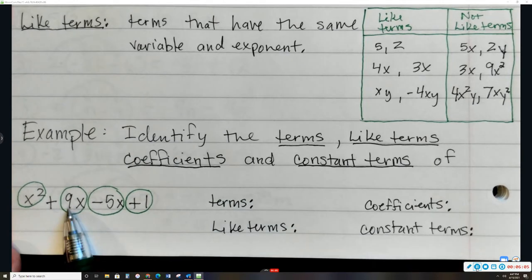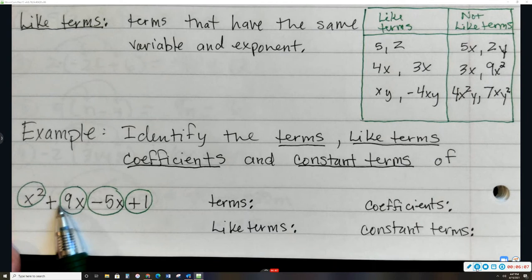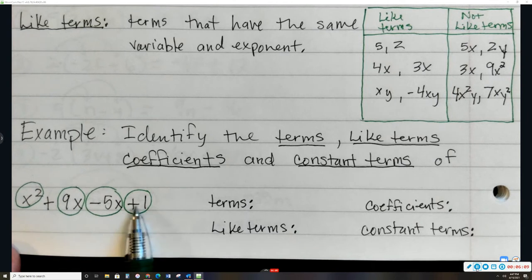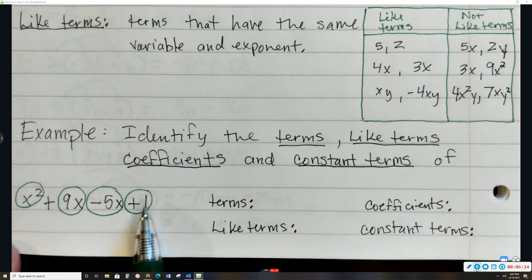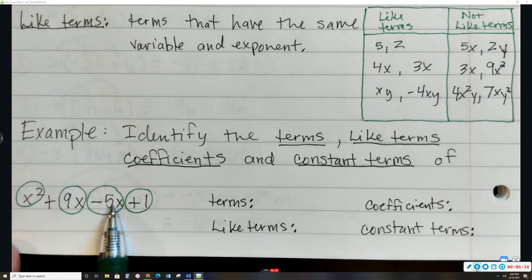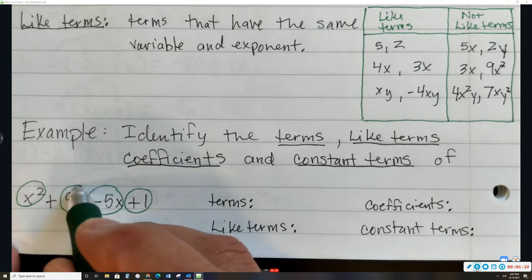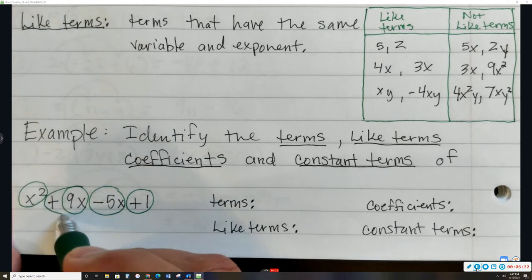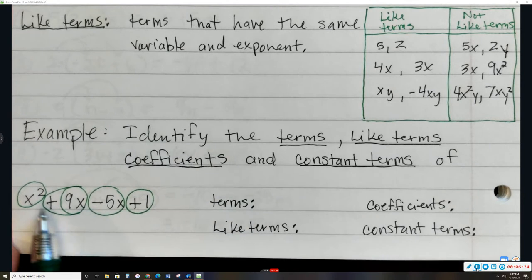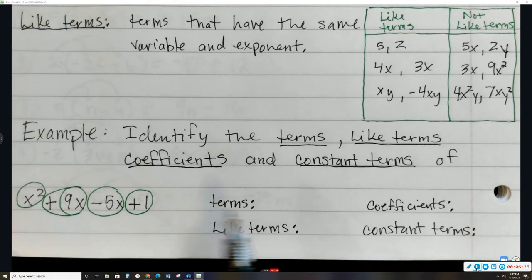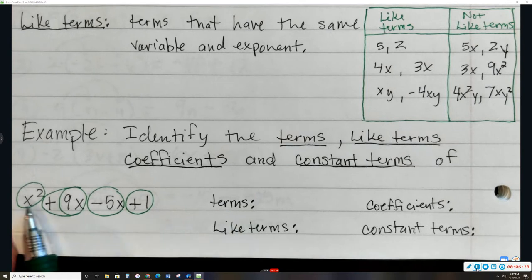Right? I should have circled the plus with this one, because see how I circled the plus in front. Whatever the sign is that's in front, it pretty much goes with the term. So this plus 1 goes together, this minus 5 goes together, and really this plus 9 goes together like this. 9x, and then the x squared goes together. So if you're thinking of the terms, you have x squared.